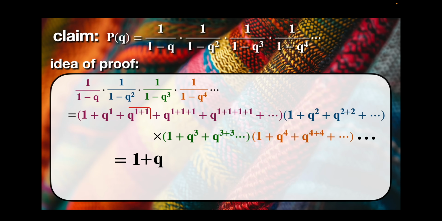We could look at q to the 1 plus 1 times 1 times 1, and so on and so forth. But we could also look at 1 times q squared times 1 times 1, and so on and so forth. That's also going to give us a q squared. Now, obviously, we can put these two together to give us 2q squared. And notice that 2 is the number of partitions of 2.